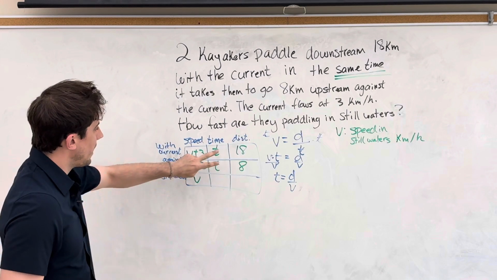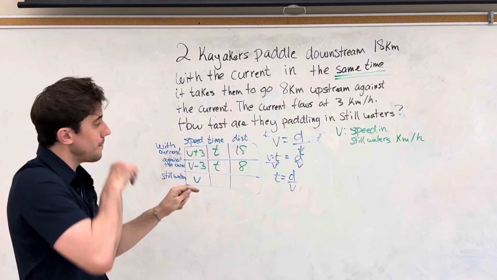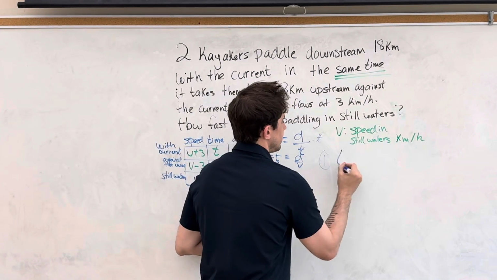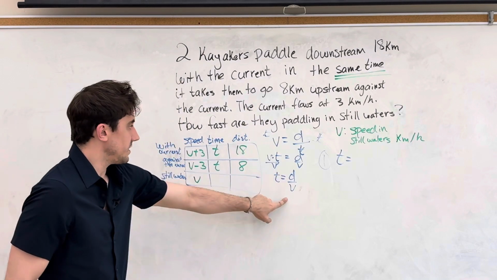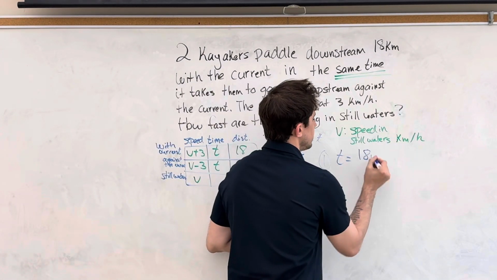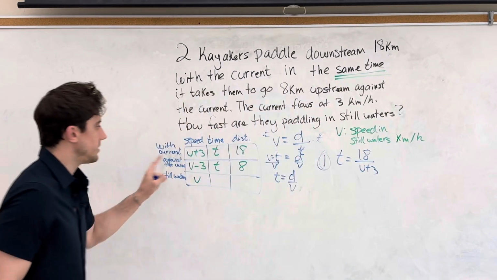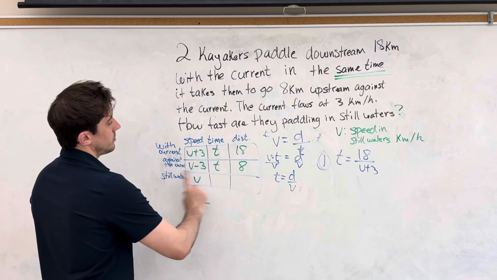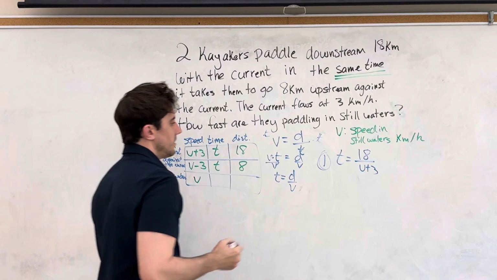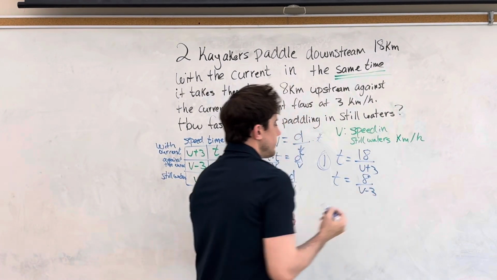And I do that because we have time as t in both rows. From the first row, we can set up our first equation: t is equal to d over v, meaning 18 over v plus 3. That comes from the information in row 1. Now in row 2, we get again that t is equal to d over v, so the distance, 8, over the speed of v minus 3, so 8 over v minus 3.